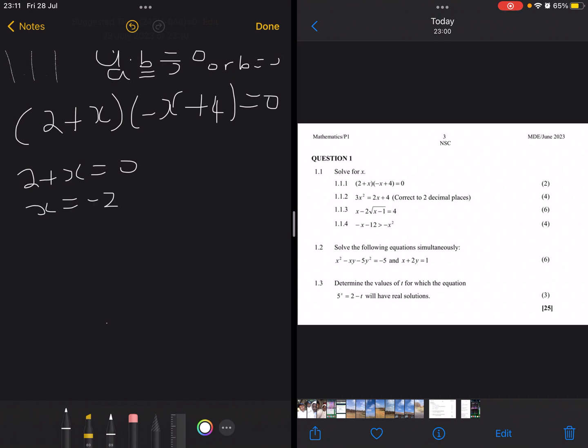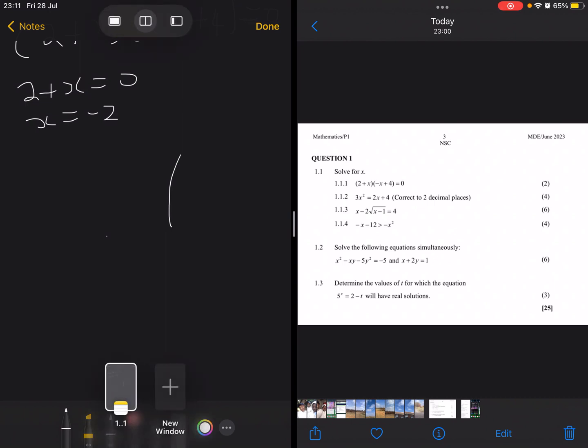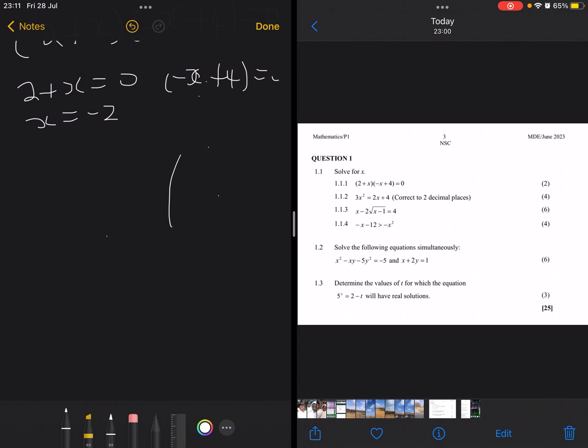And on the right, which is your b, you'd have to isolate this negative x plus 4 equals to 0.